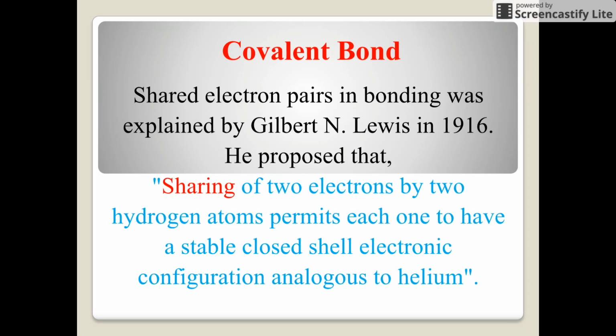A covalent bond is the type of bond when two atoms are coming together and they are sharing electrons. This was first explained by Gilbert N. Lewis in 1916. He realized that when hydrogen atoms come together, they are much more stable.